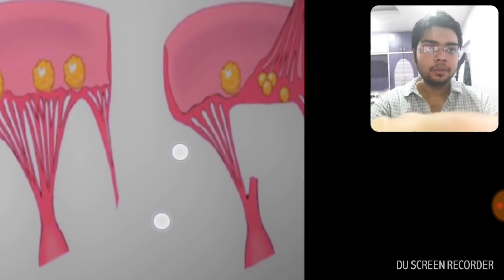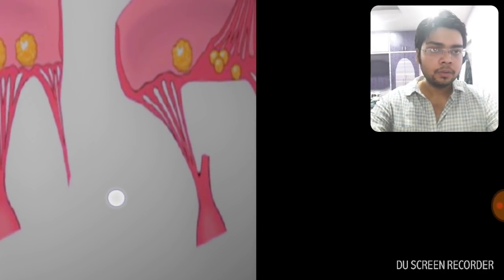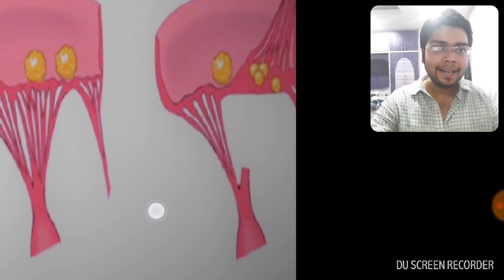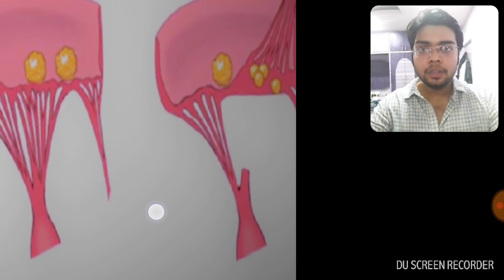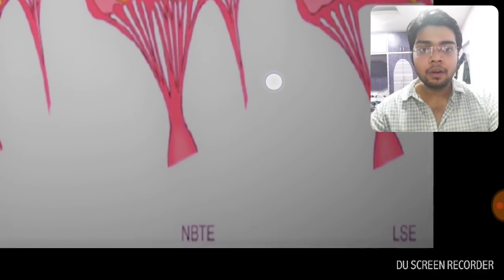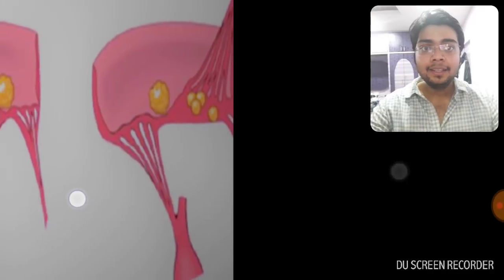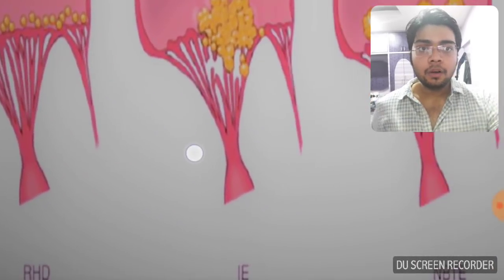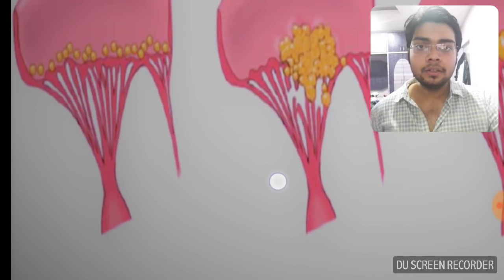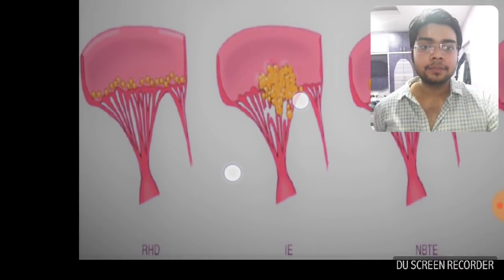So you can identify that these are Libman-Sacks endocarditis found in SLE. The vegetations are lying below the valves for Libman-Sacks, above the valves for NBTE, into the chordae tendineae for infective endocarditis, and along the line of closure for rheumatic fever.